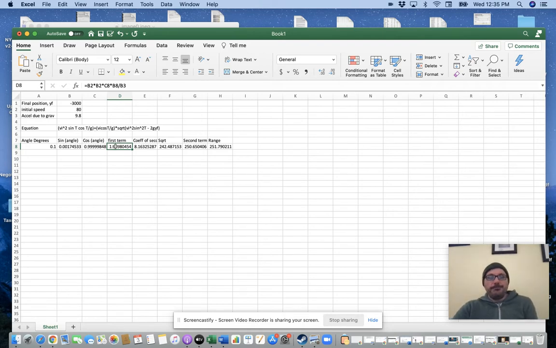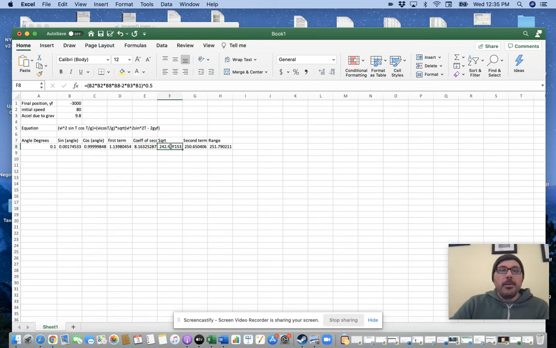So that's the first term. Awesome. And then the coefficient here is vi cosine theta over g. So vi, which is B2, cosine, which is the C8 cell, divided by B3, which is that.